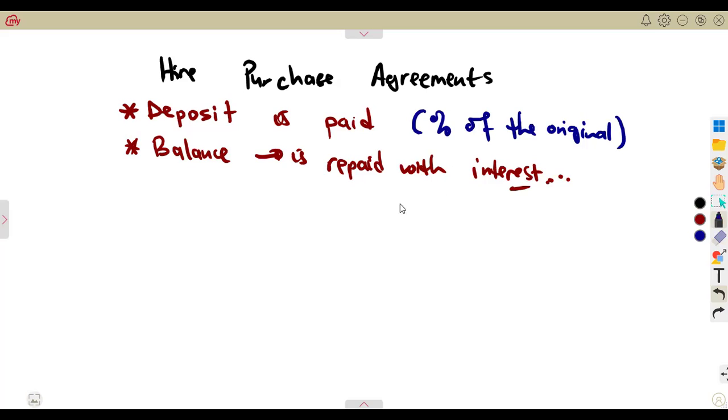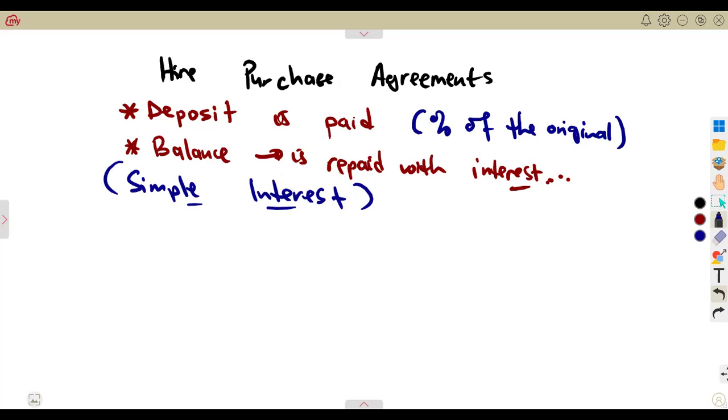And thus we are going to apply simple interest. So in our calculations, we are going to use the simple interest formula. It is going to be increasing using simple interest.